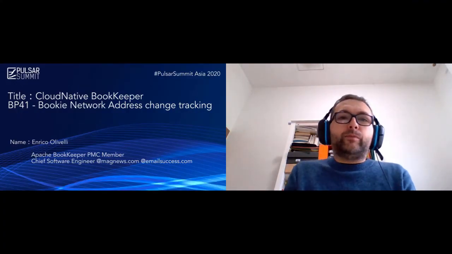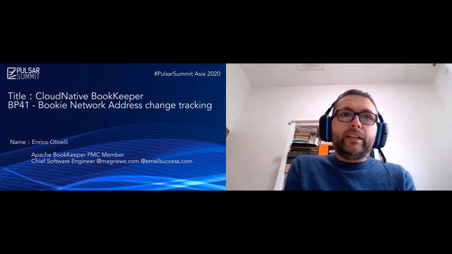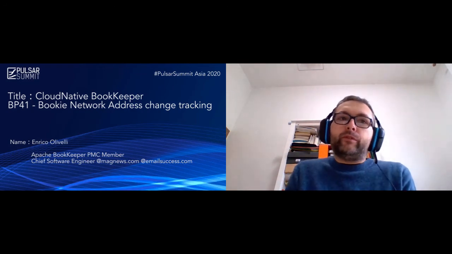Thank you. Welcome everyone. I'm Enrico, as Jennifer introduced me. Today we are going to talk about BookKeeper and the latest features in the latest release, especially about BookKeeper Proposal 41, Bookie Network Address Change Tracking.